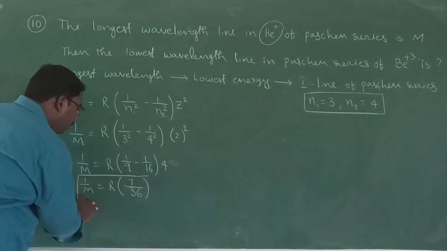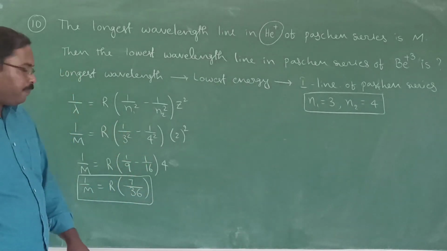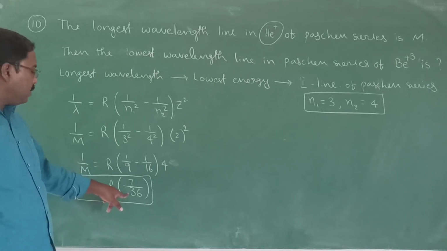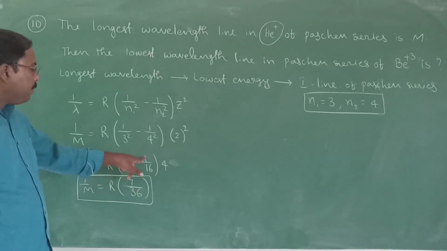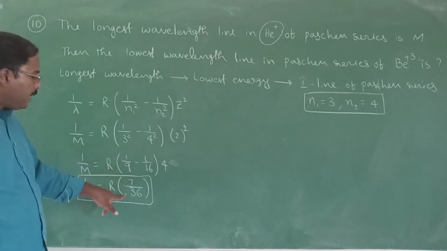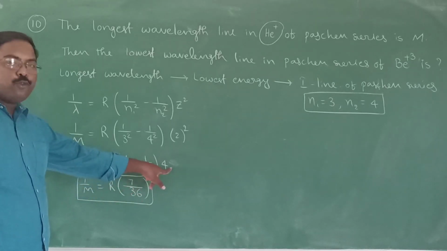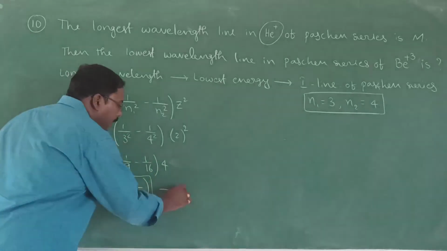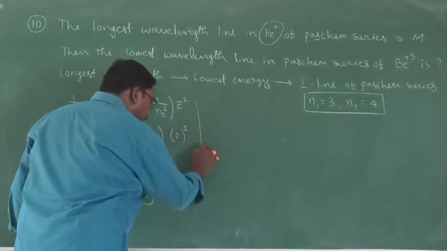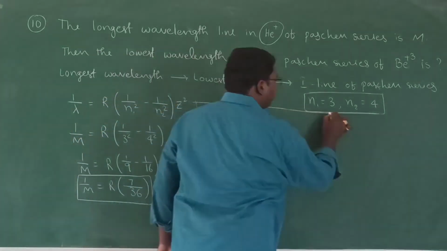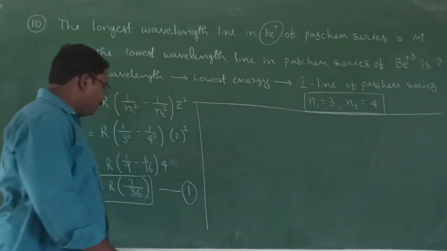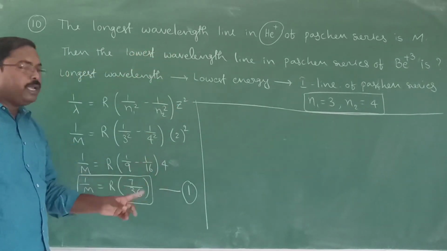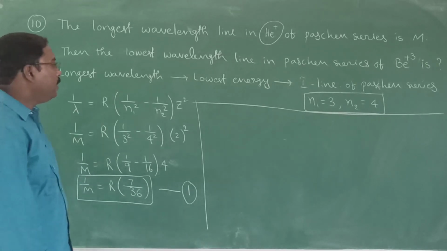I know you were able to do those multiplications and divisions. Understood why we got this 36? First LCM, 16 minus 9, 7, divided by 9 into 16. In 16, 4 will be cancelled 4 times. 9 fours are 36. Let it be equation 1. Whatever equation we got corresponding to the first data they gave, let it be equation 1.